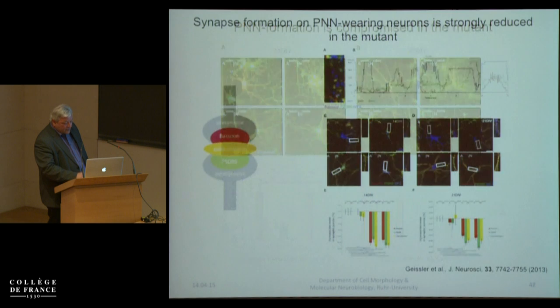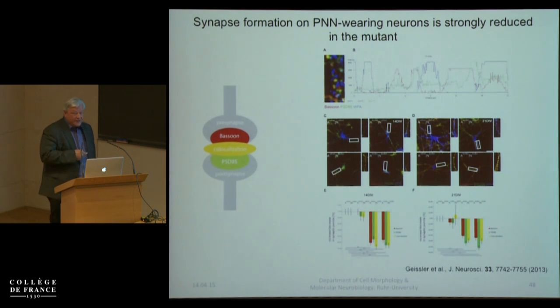And finally, we also looked at synapse formation on these neurons, comparing pre- and post-synaptic markers, and looking exclusively with focus on the PNN-carrying neurons this time. So not on any neuron, but on the PNN-bearing neurons. And even after 14 days already, we see a very strong reduction of synapse formation in the knockout neurons.